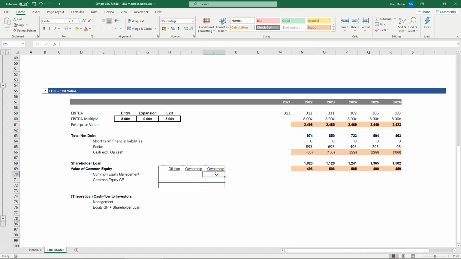Now we know that management holds 10% and the general partner 90%. We can calculate the value of common equity for both of them.